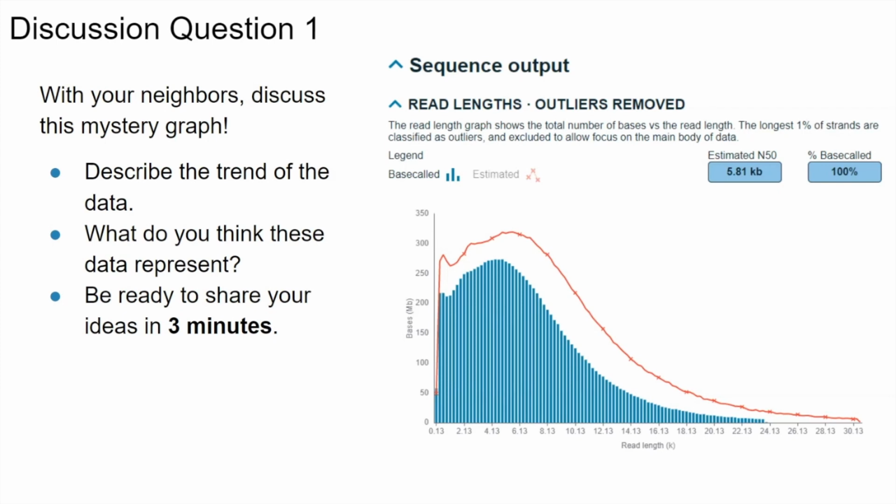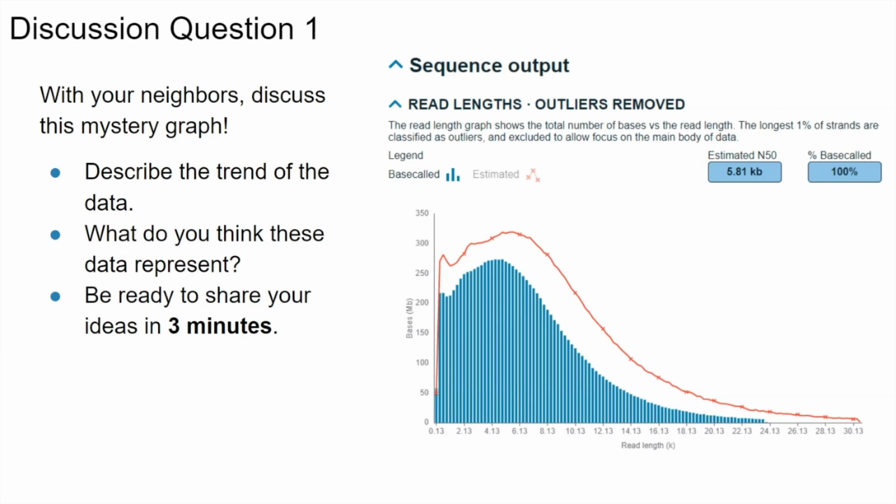And oftentimes we want long reads because imagine a puzzle that had 20,000 pieces versus a puzzle that had 6 pieces. The one with 6 pieces is really easy to figure out, a jigsaw puzzle. The one with 20,000 pieces, it's a lot of work to figure it together. And so bigger is better in this case, but it reflects that there's some sort of cutoff.